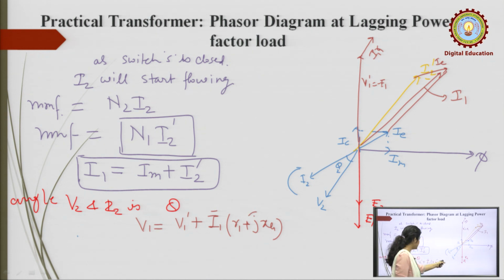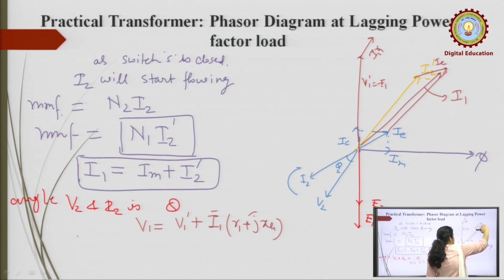Now, due to this inductance, the voltage must lead the current. So, I1 is the current, and the voltage drop leads this I1 current by 90 degrees. So, this is I1 XL1.